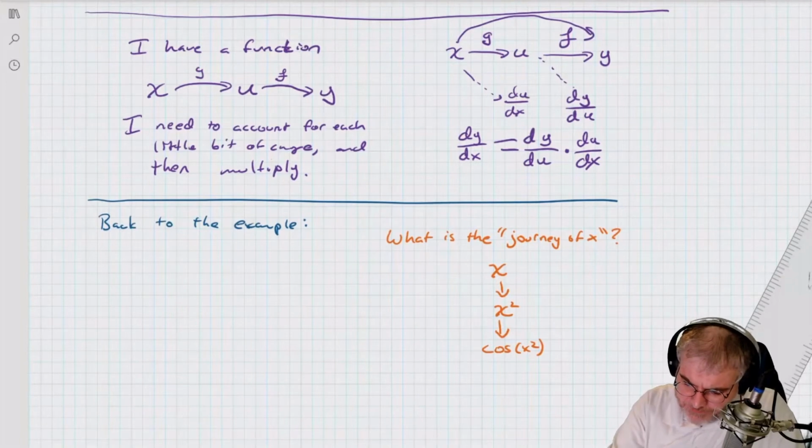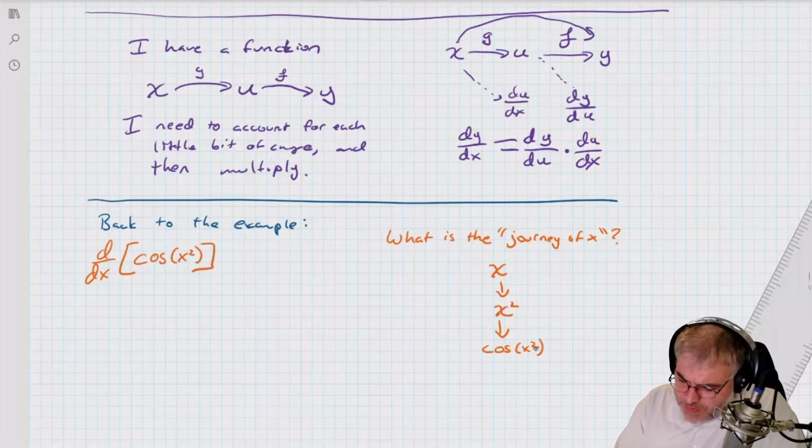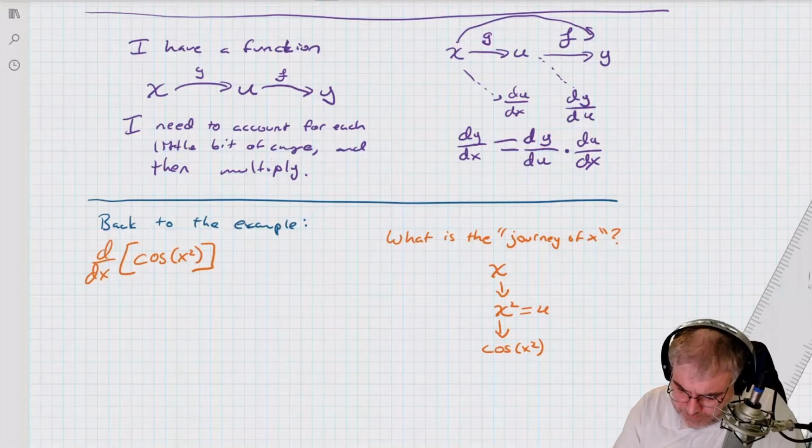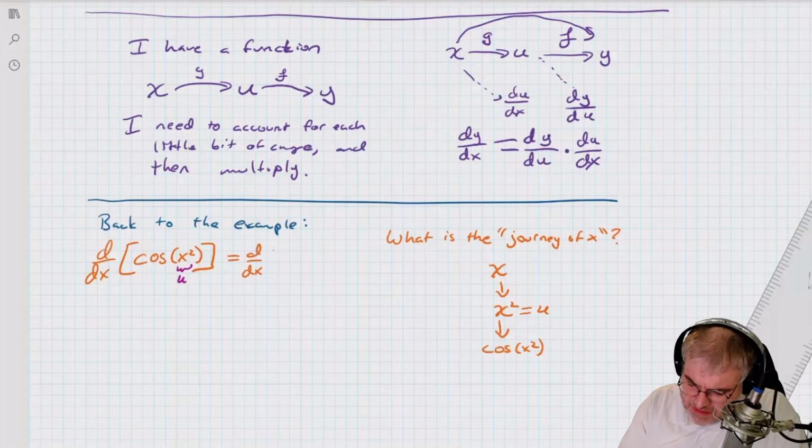We had d over dx. We wanted to know the derivative with respect to x of cosine of x squared. So what I'm going to do is account for this change by calling this a u. So now what I'm going to have is d over dx of cosine of u.